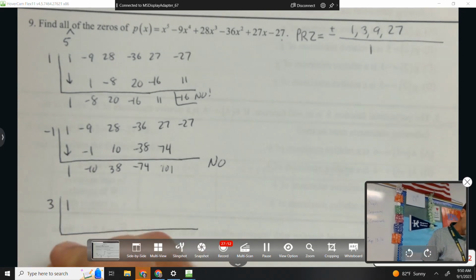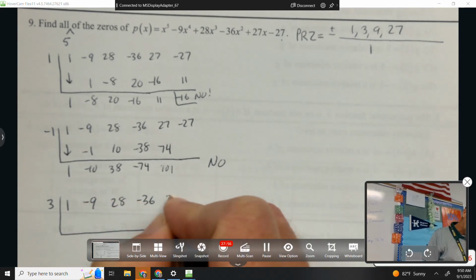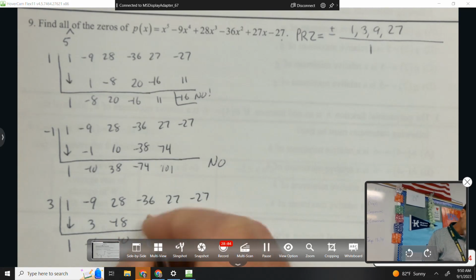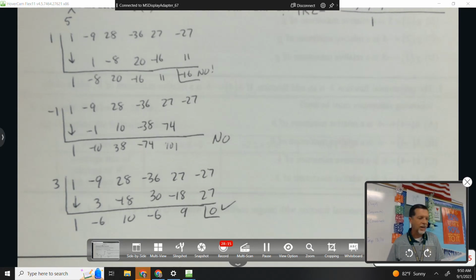Let's try 3. I was about to ask if anyone had found one that works. Cade says 3 works. I hope so. Multiply, add, multiply, add, multiply, add. Again, be super careful, because if you mess something up along the way, then you won't know if it works or not. Alright, yes, we got one that works, finally.